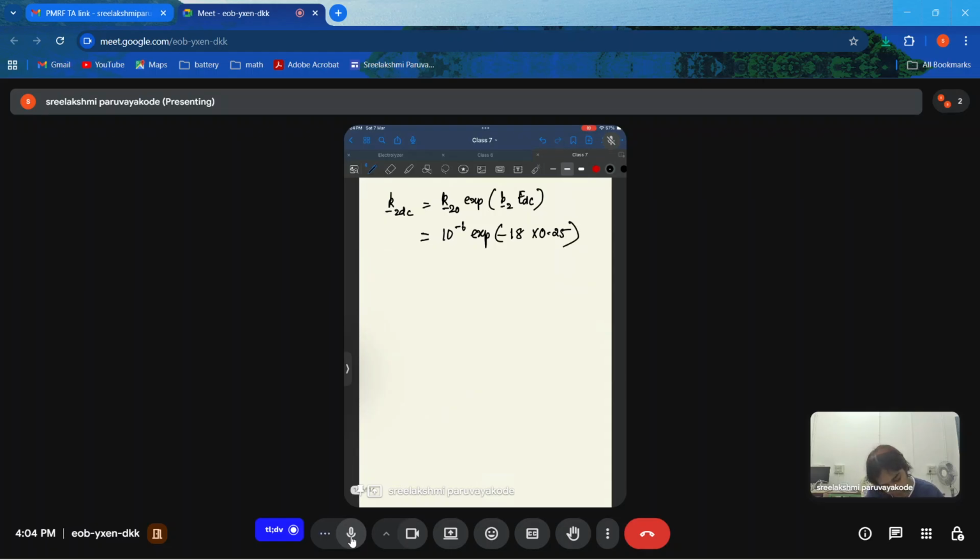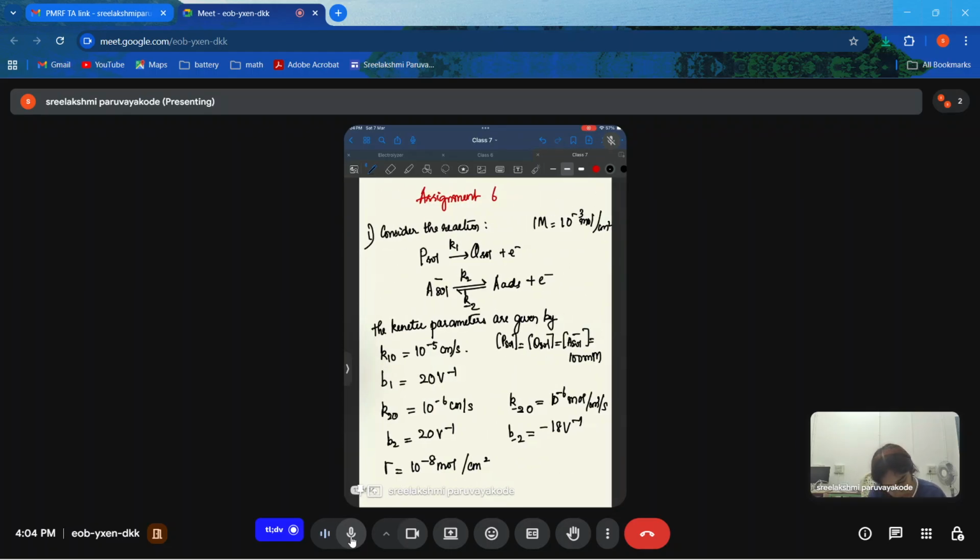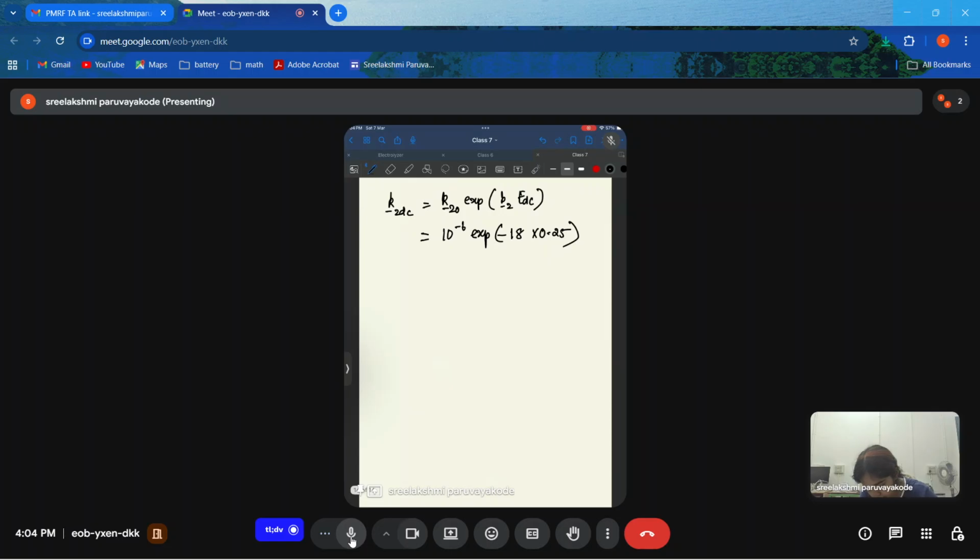Minus 18, don't make a mistake. Let me just see. Yeah, it's minus 18 that I've written here. Exponential of minus 18 into 0.25 gives you 1.11 into 10 to the power minus 8 moles per centimeter square second.